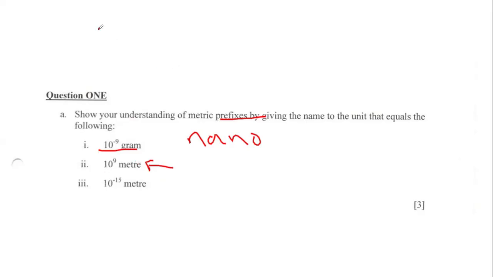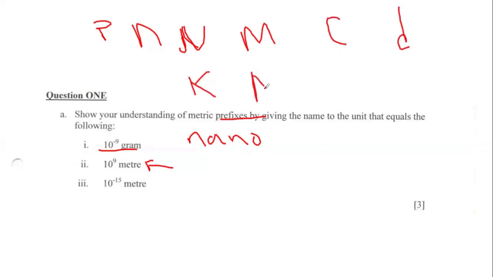If I sing that metric song, we said pico, nano, micro is written like that, like the Greek mu, milli, then centi, deci, kilo, mega, giga, tera. So we said these change in steps of 3, right? So pico is just 10 to the power minus 12. Nano is 10 to the power minus 9. This will be minus 6. Milli will be minus 3. And then centi, we said it's minus 2.